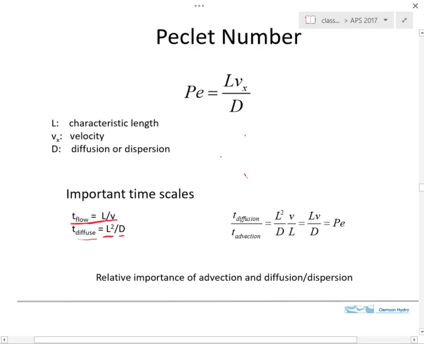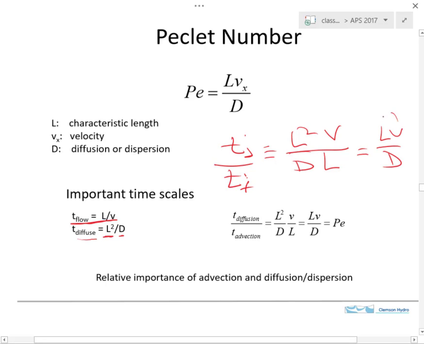So yeah, we have the time for diffusion, which is L squared over D, divided by the time for flow, which is L over V, and so that gives us LV over D. Okay, and that's then the Peclet number.